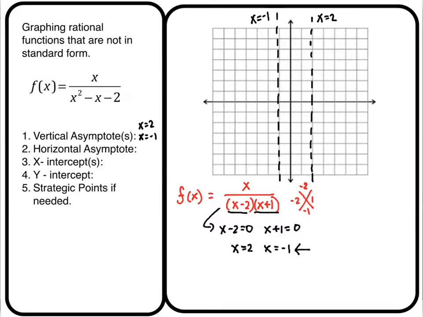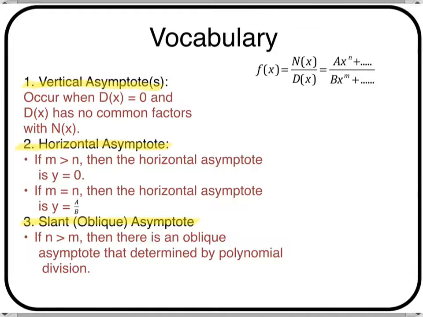Going back through the pages here, we have these conditions for horizontal asymptote. I'm trying to put all these pieces together using a lot of letters, but let's take it chunk by chunk. The first part says if m is greater than n, the horizontal asymptote is y equals 0. Looking at the upper right-hand corner, this is m and this is n.